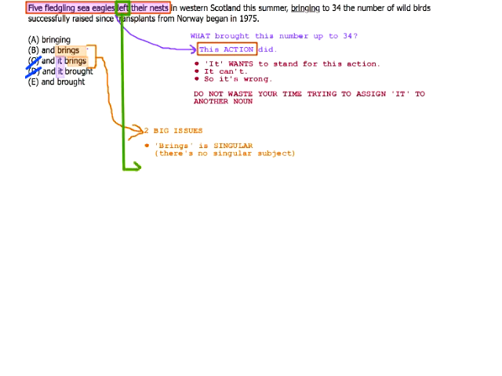This happened in the past, so present "brings" doesn't make sense. And in fact, Wajiha has a very good point.